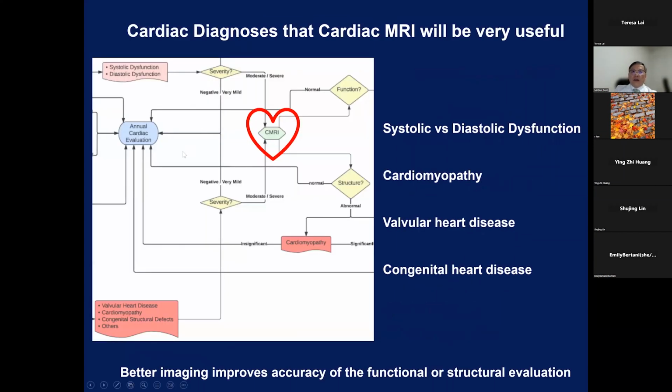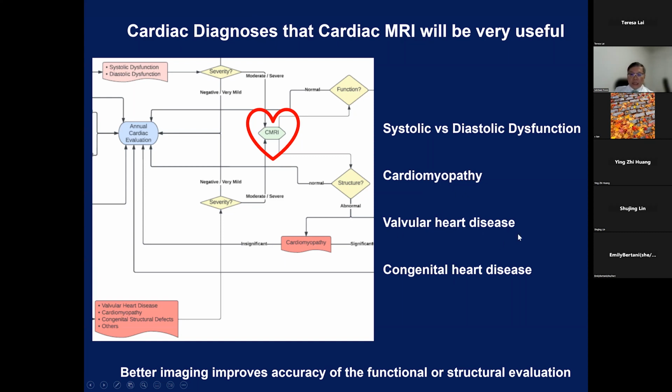So MRI is very useful if you have some kind of dysfunction of the heart, whether it's systolic, which is the squeezing part, or diastolic, which is the relaxation part. Either one can cause you to have symptoms of shortness of breath. Cardiomyopathy, whether it's myocarditis or some kind of infiltrative process from amyloid, hemochromatosis, or sarcoid, you need MRI in order to evaluate.